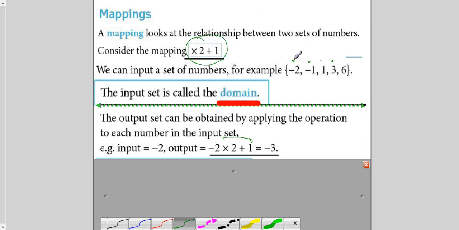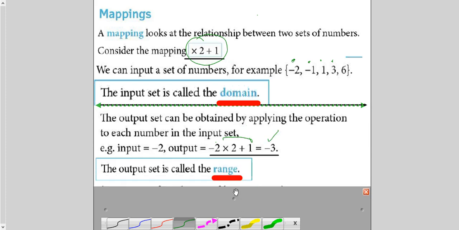I am applying this operation on this input and I get output -3. This output value is called the range. Do not mix it up with the usual understanding of range, from this value to that value. When we're talking about function, we mean range is the output value.